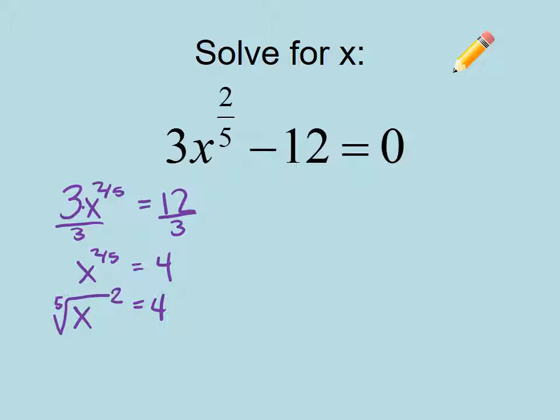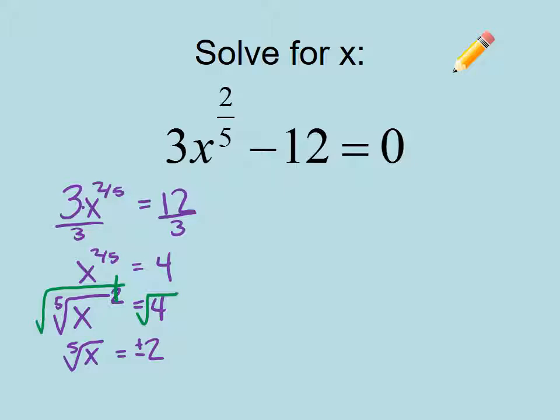The opposite of squaring is to square root. If I square root both sides, I end up with a positive or negative 2 on the right side. So again, that's from square rooting both sides.